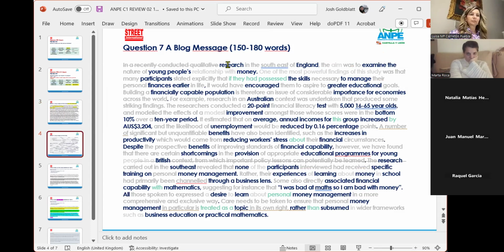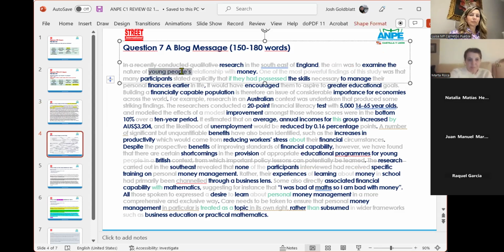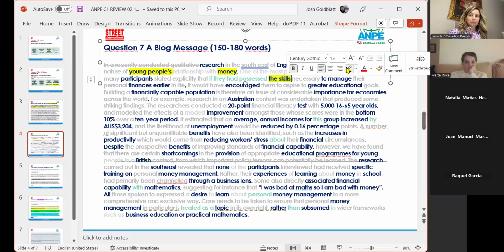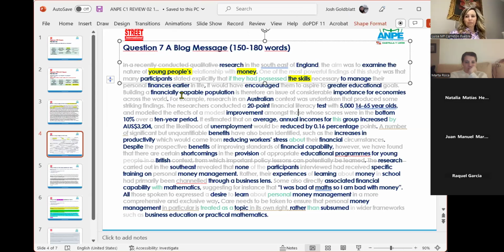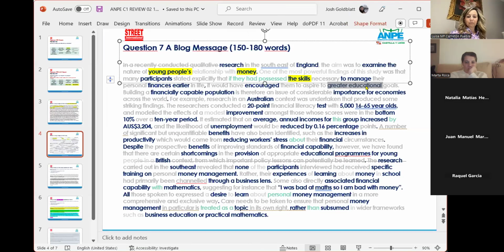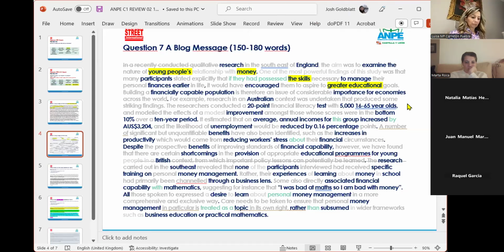Probably one of the most important things here is young people, money, skills, greater educational. So suddenly we're talking about education and money and young people and skills.